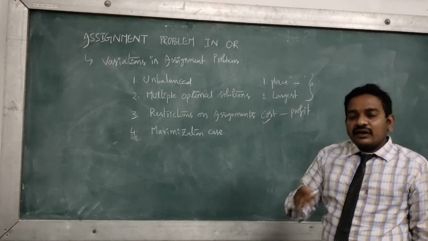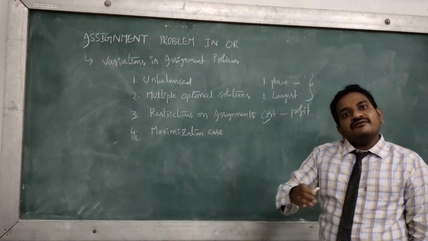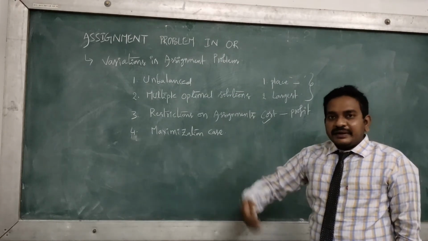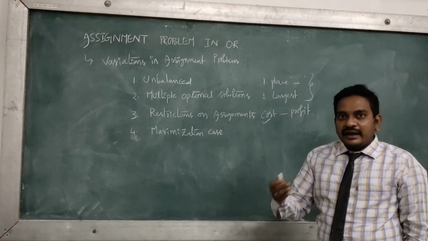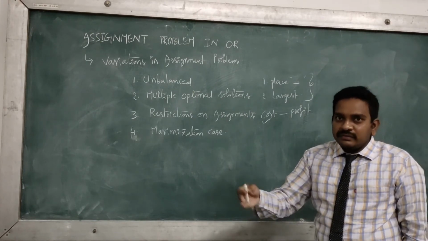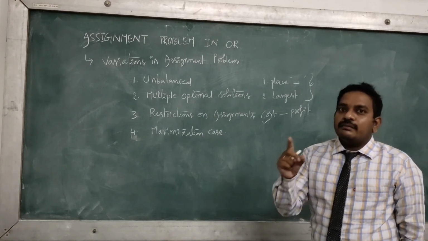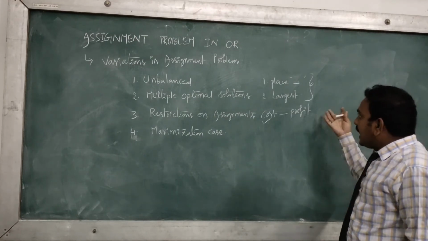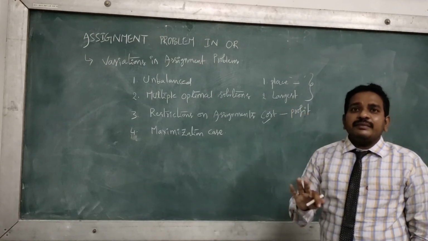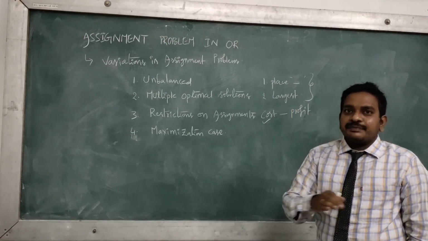Place a negative sign on each and every element and from there onwards follow the repetitive process called Hungarian: identifying column minimum, row minimum, subtracting and assigning one assignment to one particular employee. Or identify the largest element among all and start subtracting from it.